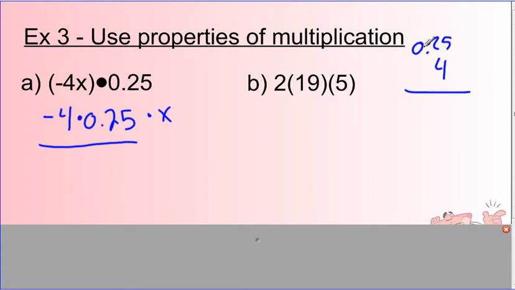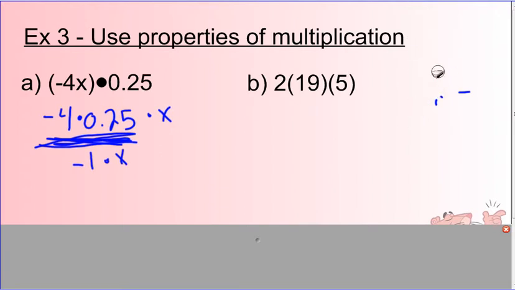I put the longer number on the top. So 4 times 5 is 20. 4 times 2 is 8, 9, 10. And 2 numbers after the decimal. So that gives me 1. Negative, because the signs were different. So this piece here is -1. And then we have our x.